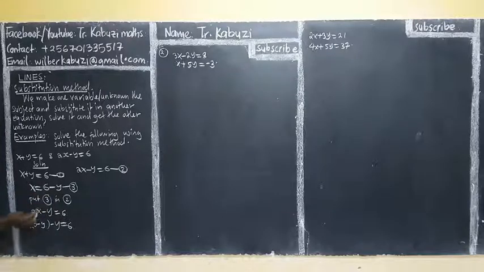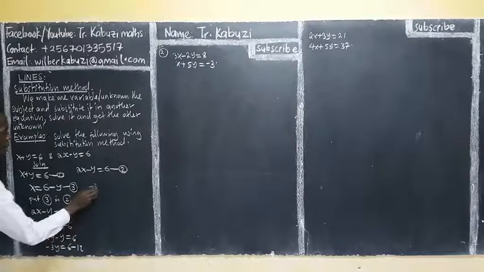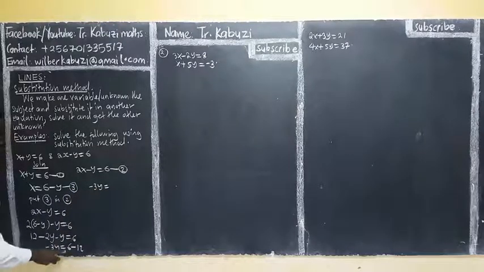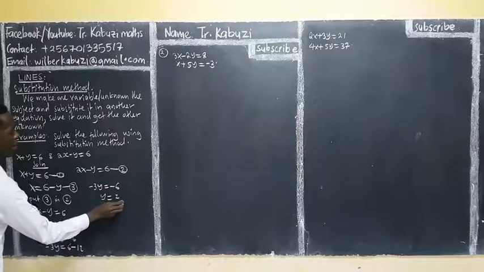Then open brackets: 2 times 6 gives 12, 2 times minus y gives minus 2y, minus y equals 6. So I have negative 3y equals 6 minus 12, so negative 3y gives me negative 6. Divide through, and y becomes 2.